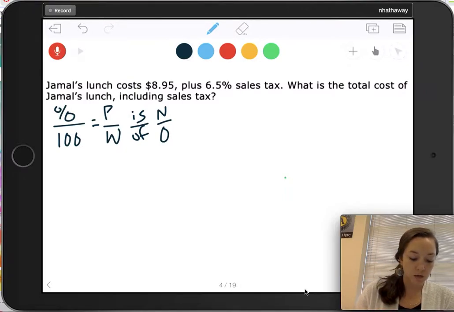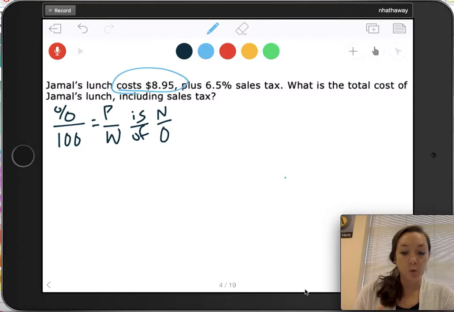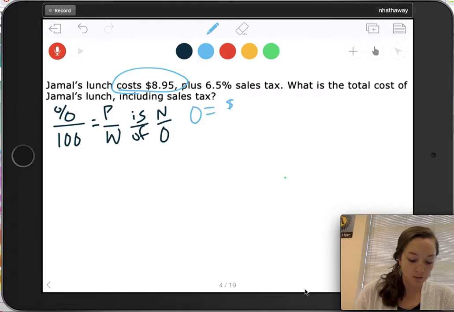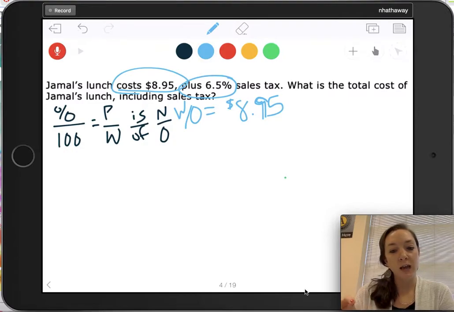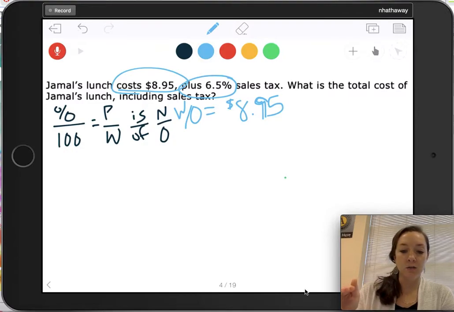So let's look at it. Important in this problem, his lunch cost $8.95 before we add the tax. So that would be our original price or our whole, depending on how you want to look at it, plus 6.5% sales tax. Now we know the word tax means we're going to add to that cost.